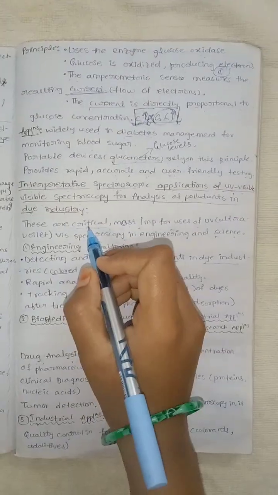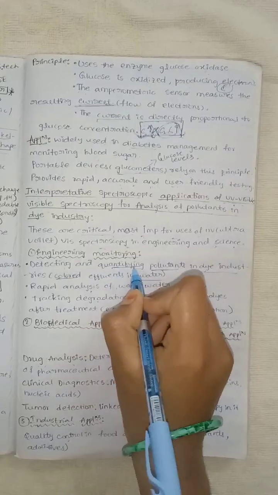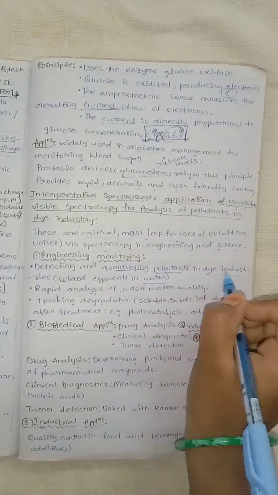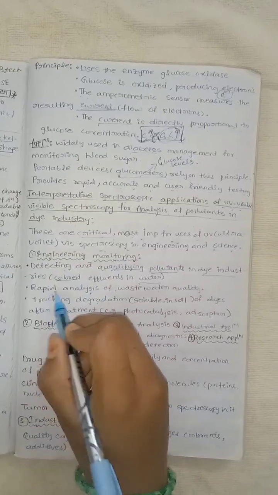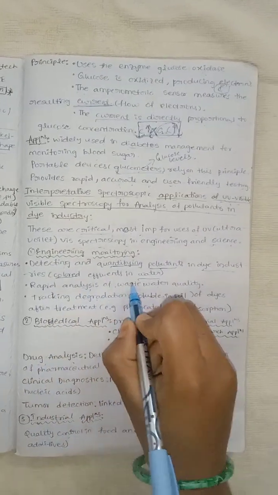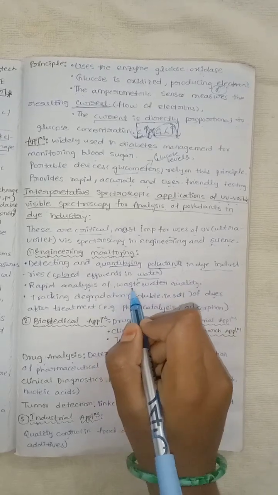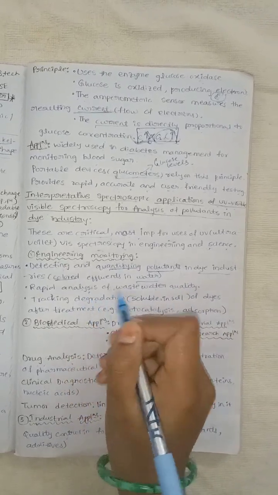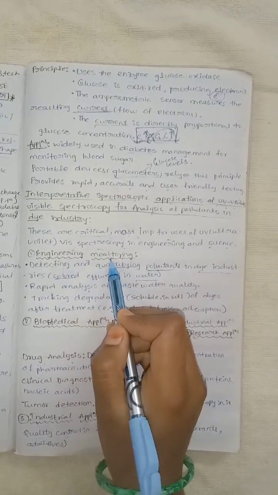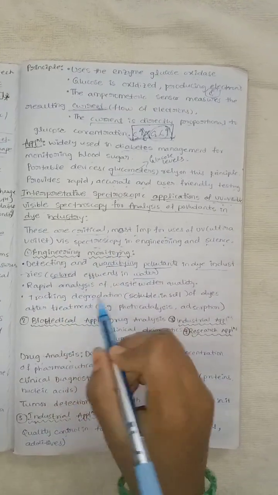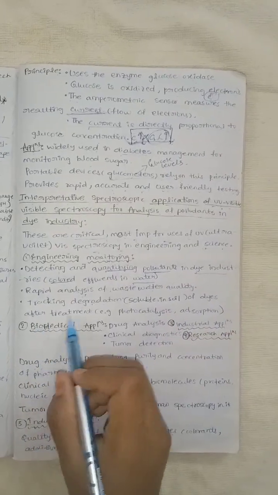It is mainly used in engineering monitoring for detecting and quantifying pollutants in the dye industry, like whether water is colored or not. It gives a rapid analysis of wastewater quality. We can analyze this by using this monitoring concept, tracking degradable soluble dyes in soil of the dye industry for after treatment.